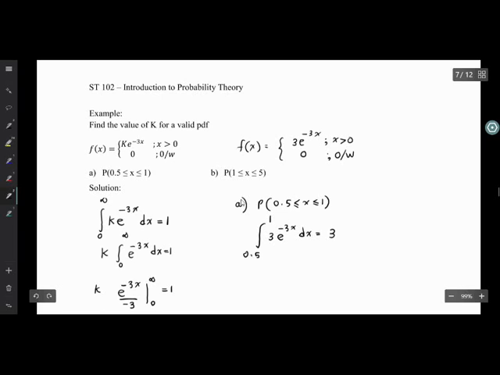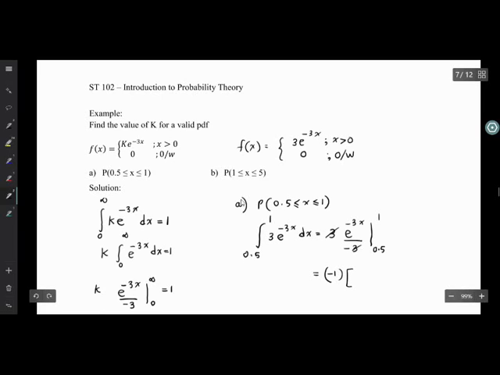Okay, so 3 is the constant, e to the negative 3x, the antiderivative is over negative 3, evaluate from 0.5 up to 1. So this 3 will cancel out, but you have negative 1 in front.